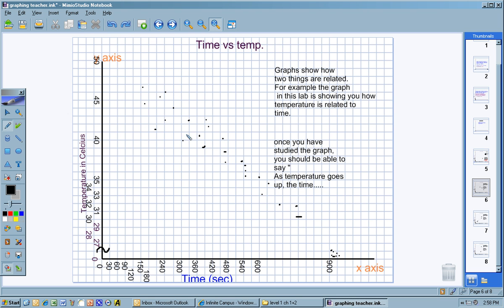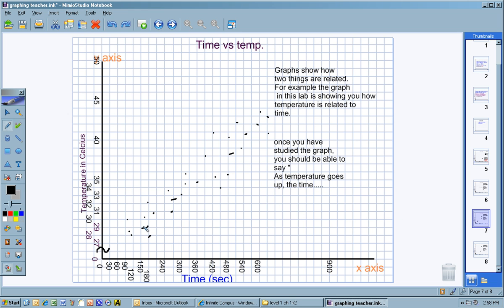So this graph would tell me that as temperature goes up, time goes down. And that's a relationship that I would be able to understand based on this graph, or a graph like this.